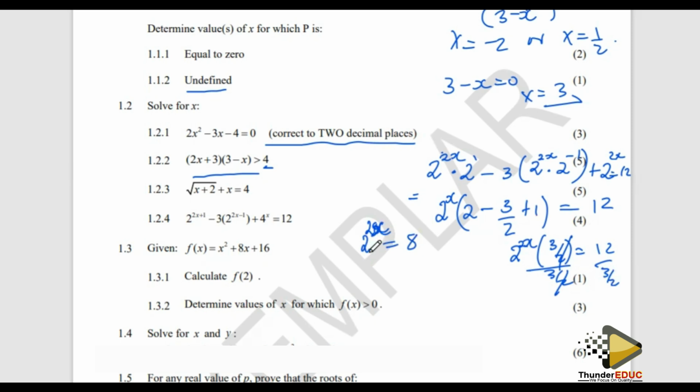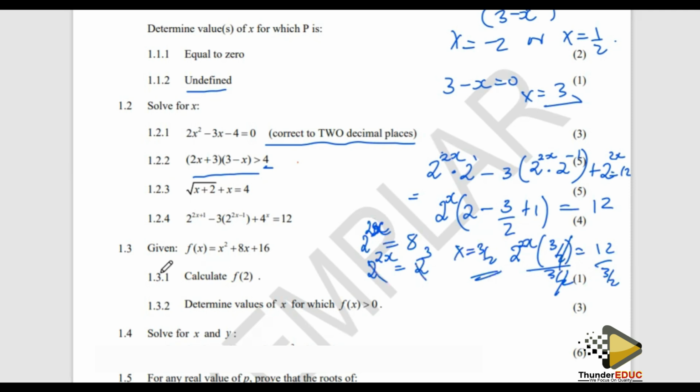Now I can create the same bases. So 2 to the 2x is equal to 2 to the 3. Is that true? Yes. Then, since the bases are the same, I'll drop them and solve for x, which means my x has to be 3 over 2. So that's how I would have worked out that question in particular.